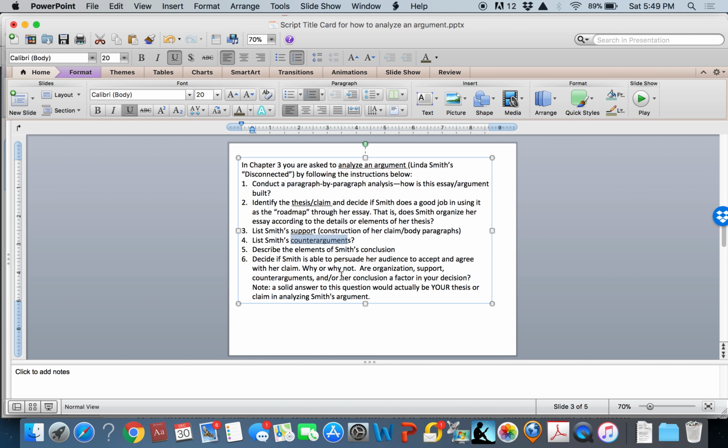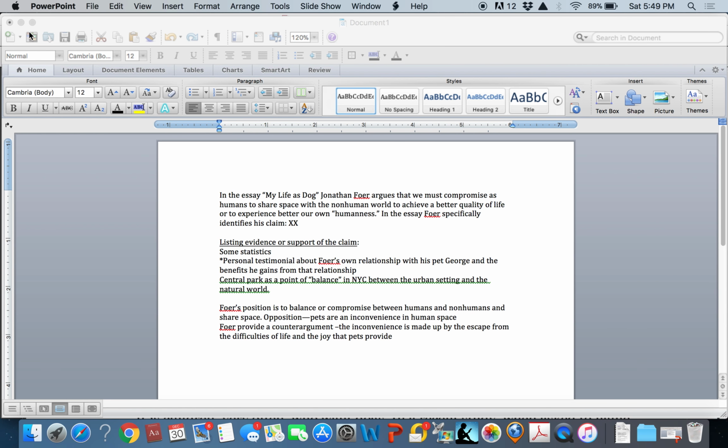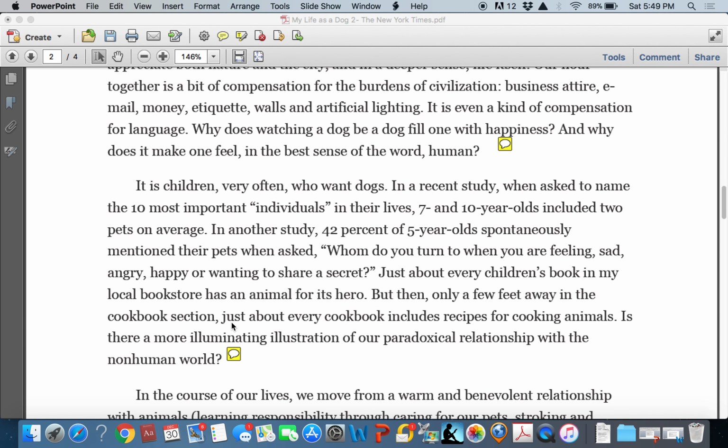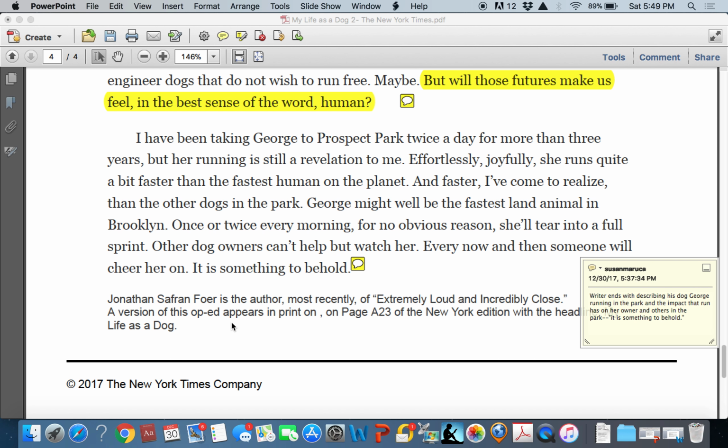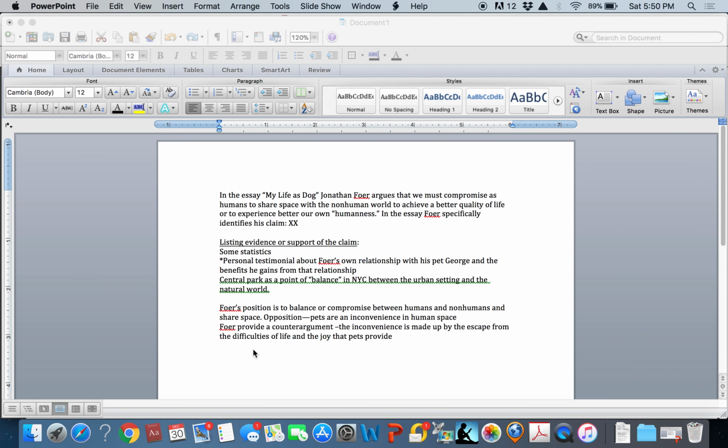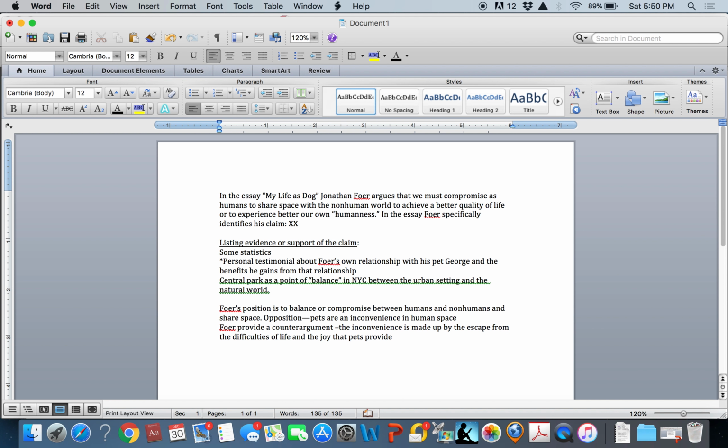The conclusion is really back to George running in the park. If you recall, he doesn't give a long restatement of his argument. He just says, look, I take George to the park, and there's this moment when she runs, and people turn around to watch. It's just something to behold. There's just something wonderful about it that makes you feel wonderful. So he concludes with George.